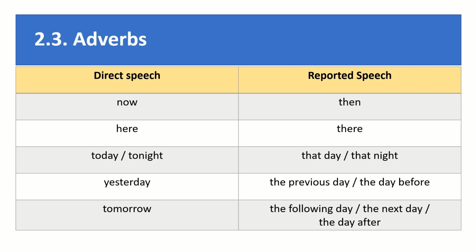For example, now we have to change into then, here and there, today or tonight and that day or that night, yesterday and the previous day or the day before, tomorrow with the following day, the next day, or the day after. And you have to learn all of these things by heart. Yeah, it's not easy, but it's not difficult.